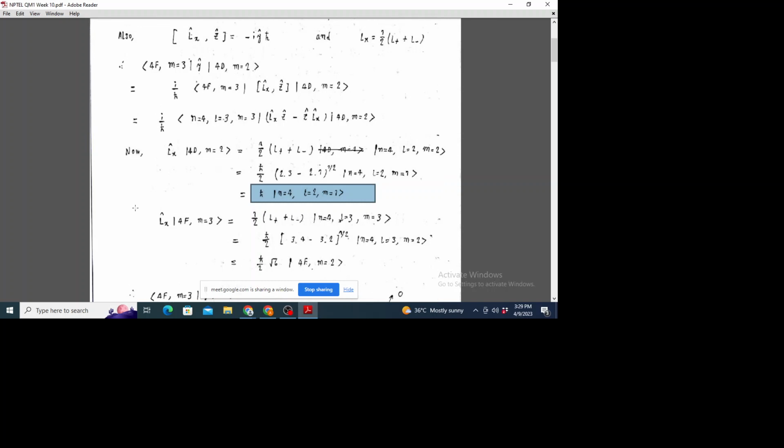Okay, so similarly we also have to find the action of Lx on the 4f m equal to 3 state, because we also need to find this. You see the relation between these two. If you just take the Hermitian conjugation of this thing, you will directly reach this thing.